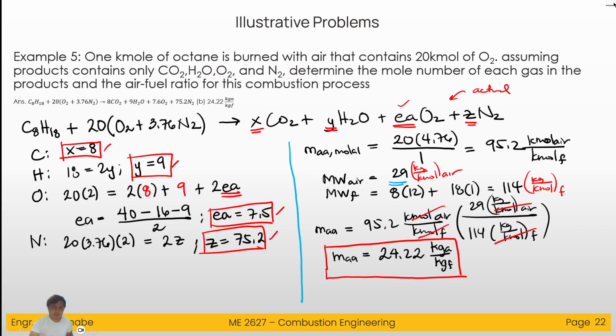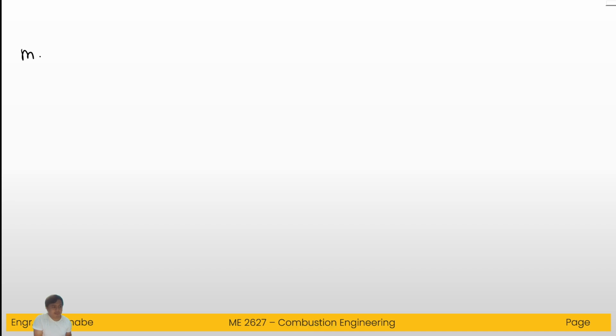And an alternative way to solve this is, since we know the number of moles for the air and also the number of moles of the fuel, we can use the molecular weights of the independent elements, so that the air-fuel ratio will be just 20 kilomoles of oxygen multiplied by its molecular weight.